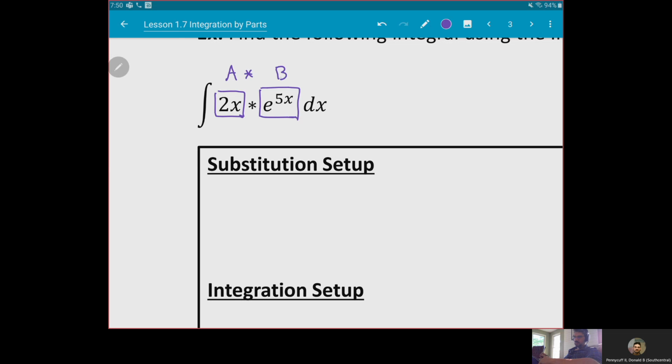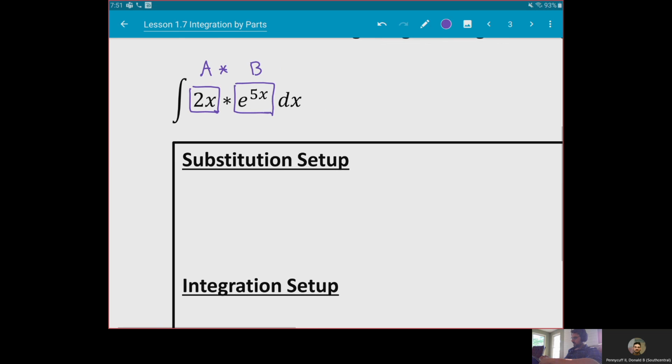So if you have three things being multiplied together, it's not going to work. Okay. Now, if you have a fraction, there is a way to make a fraction work. So if you encounter that, just let me know. I'll talk to you about how you can make that work. But it only works for multiplication.